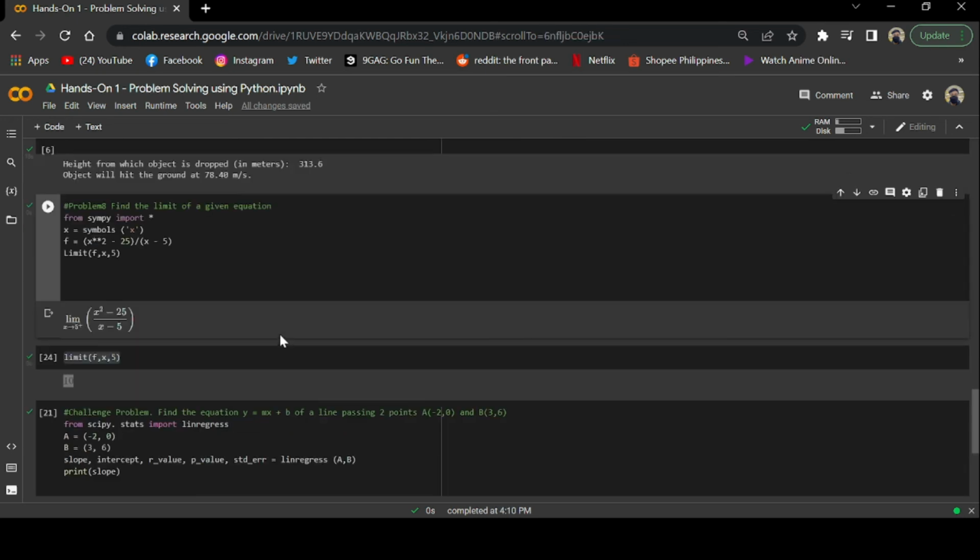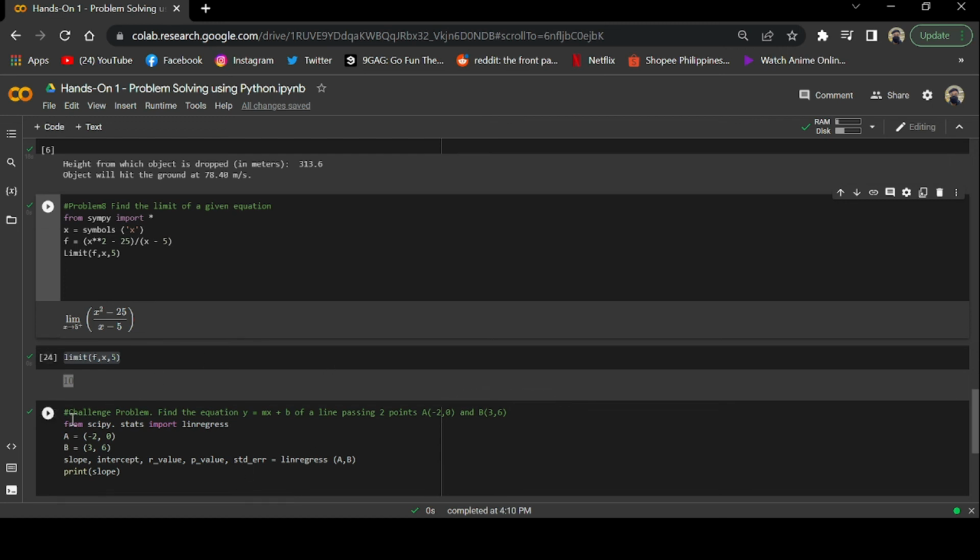So for the challenge problem, which I hopefully completed correctly, the challenge problem is to find the equation y equals mx plus b of a line passing through 2 points: A, which is -2, 0, and B, which is 3 and 6.